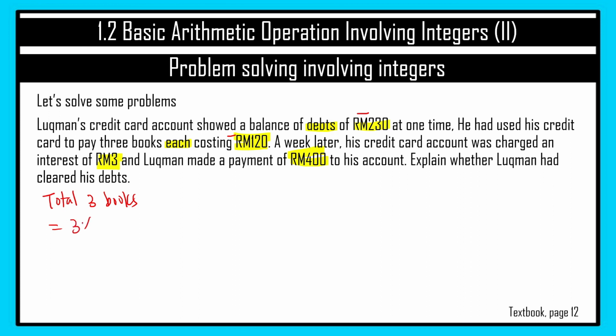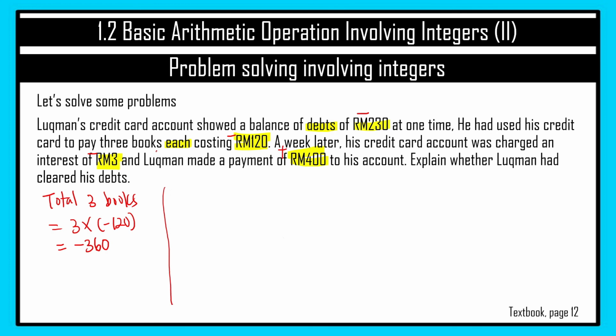So 3 multiply negative 120. How much did you get? Okay, negative 360. Now his credit card account was charged, so that one is also a negative because that's from the bank. And Lokman made a payment, so this is a positive number.